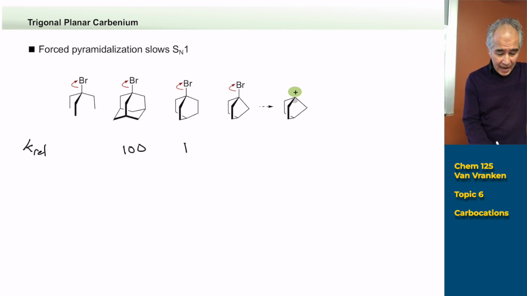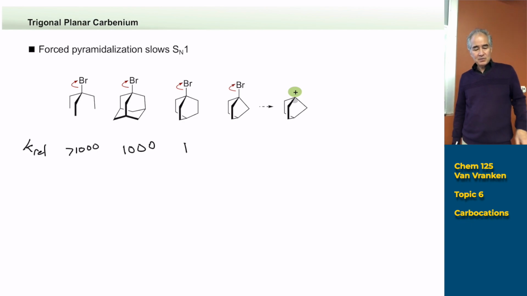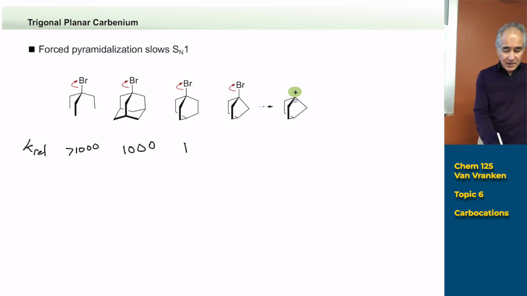And the one with no cage structure, that's 1,000 times faster. And this one with this simple acyclic structure that can easily become planar is so fast I couldn't find a relative rate for it. It's greater than 1,000 times faster. It's more reactive than any of these others. This one on the far end that is more reactive can easily become planar.